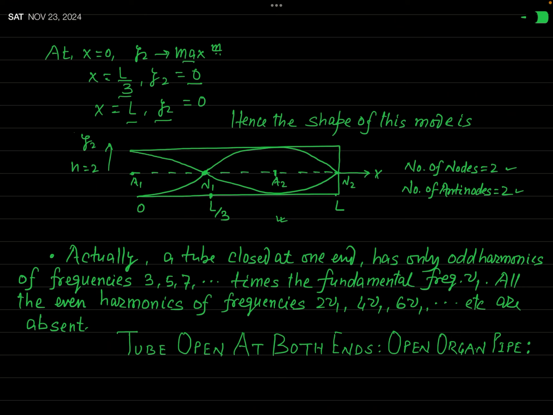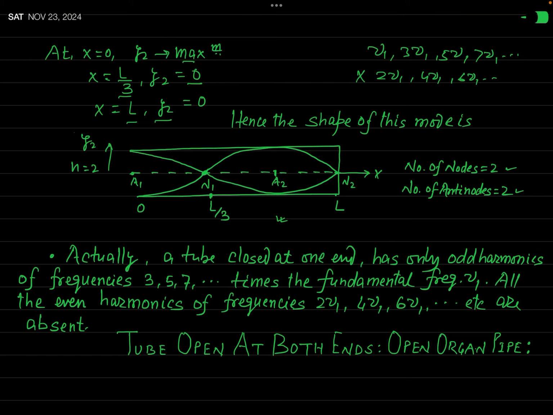Okay. Actually, when you try to find the higher harmonics, you will see that in this vibration, the frequencies are nu 1, 3 nu 1, 5 nu 1, 7 nu 1, and so on. Actually, the frequencies like 2 nu 1, 4 nu 1, 6 nu 1 are absent.